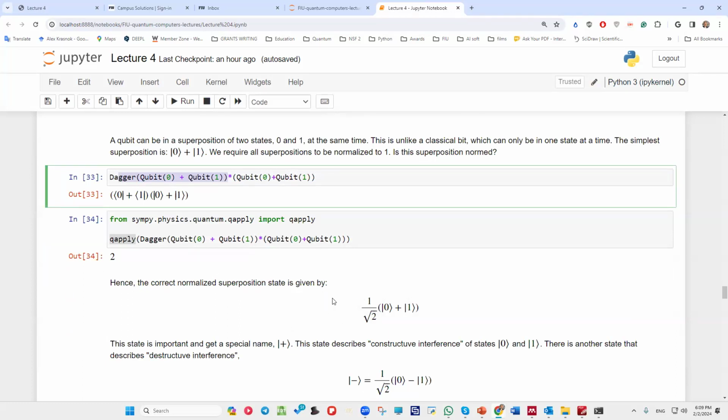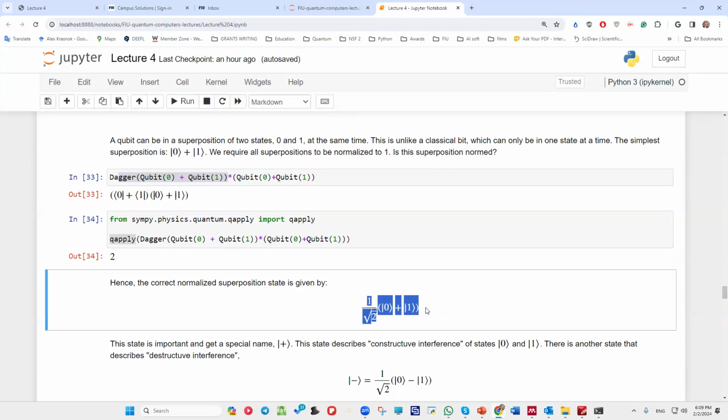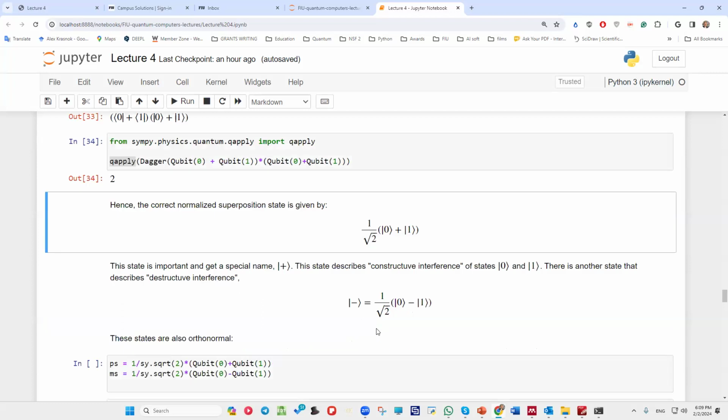So this is the correct expression for the superposition of states 0 and 1. We need to divide this expression by the square root of 2.